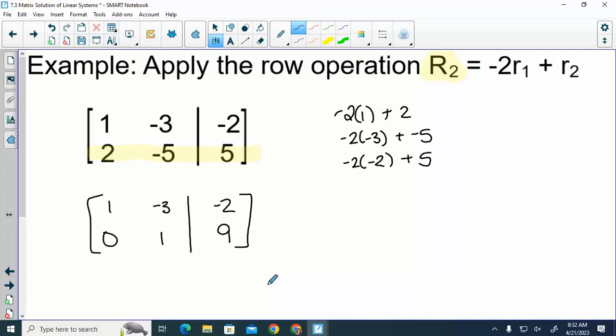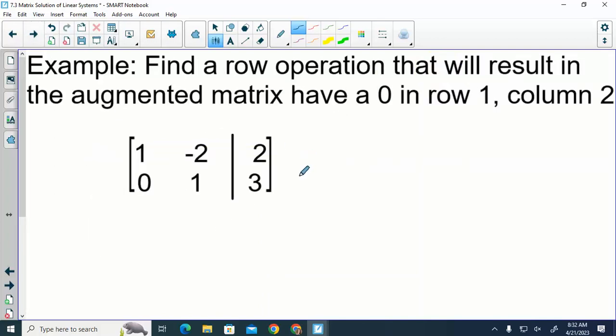Okay. Let's see if we can come up with our own row operation. You need to find a row operation that will result in the augmented matrix having a 0 in row 1, column 2. So row 1, column 2 is this number.